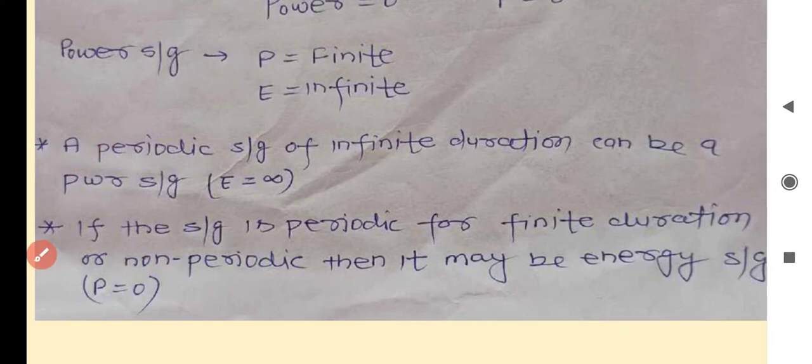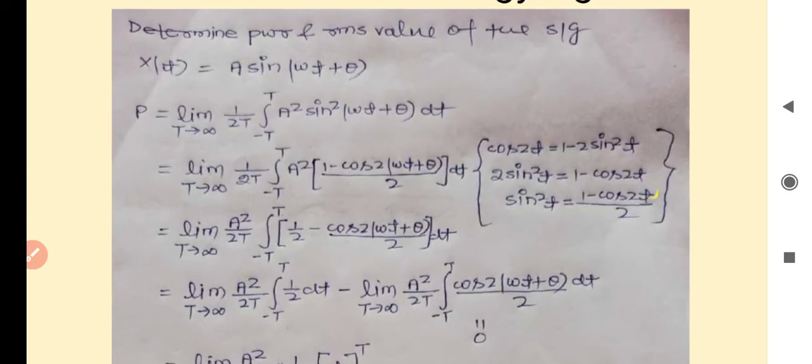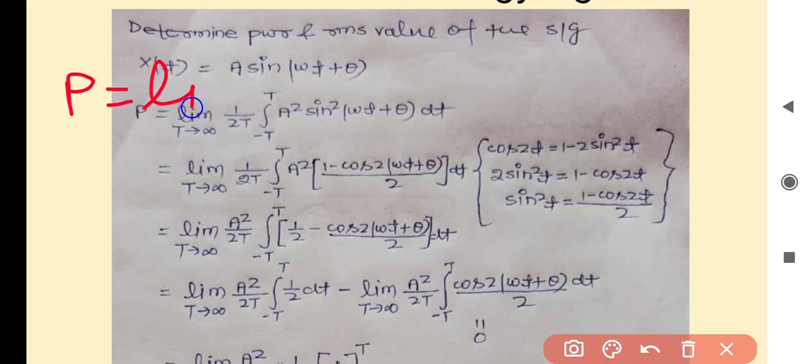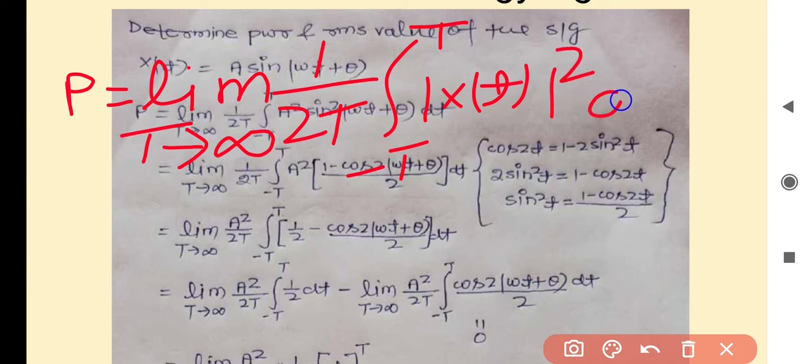Next, we will include some examples. The first example is given here: determine the power and RMS value of the signal A sin(omega t plus theta). So we know the formula to calculate the power. This is P is equal to limit T tends to infinity, 1 by 2T, integration from minus T to T, mod of x(t) square dt.